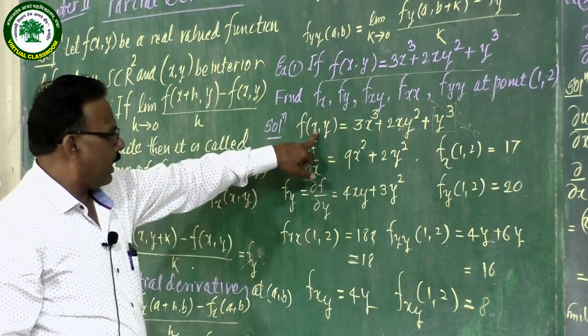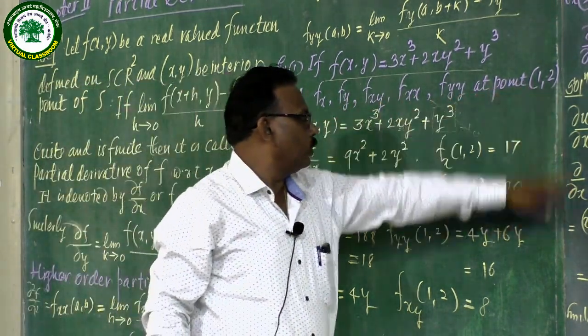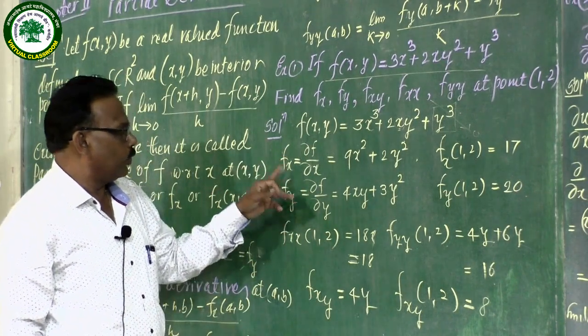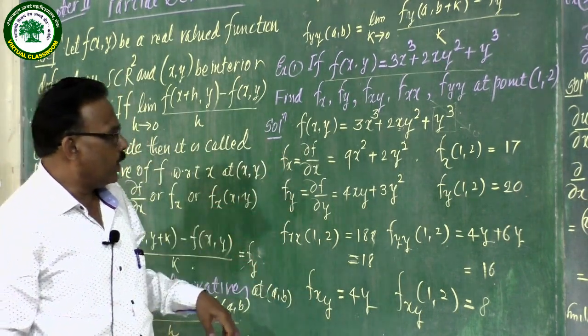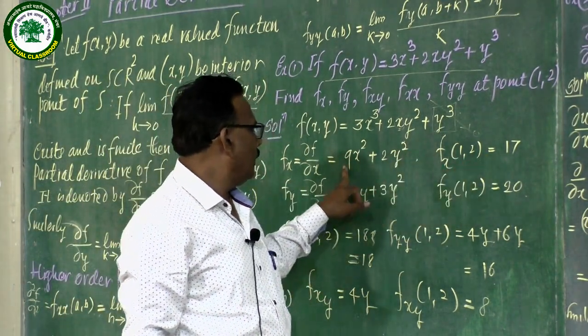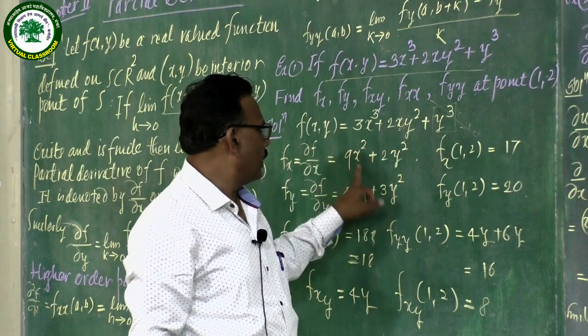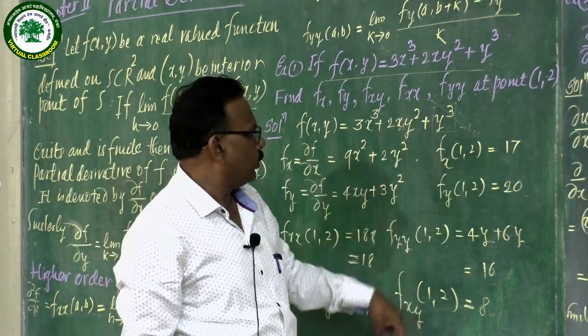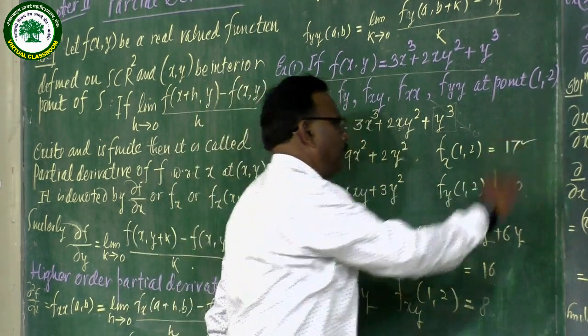Replace the point (x, y) by the point (1, 2). Therefore f_x at (1, 2): here 9, x is equal to 1, therefore 1 square is 1, and 2 square, that is 4, 2 into 2, 4, therefore it is 17.